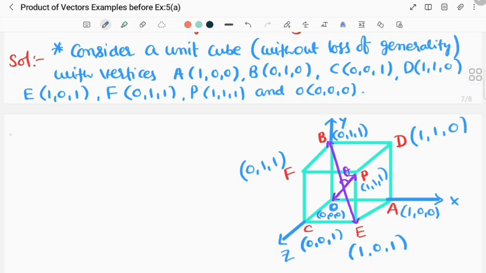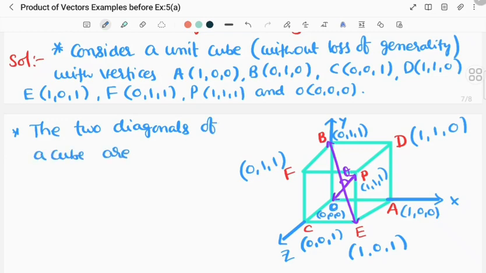After considering a unit cube, next the two diagonals of a cube. The two diagonals of a cube are, from the figure we have taken, OP and BE. OP and BE.